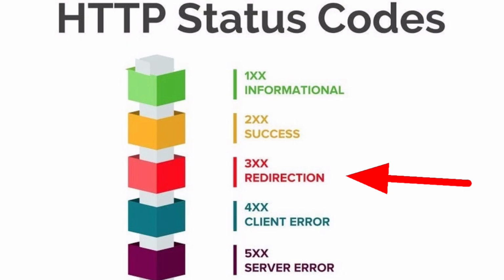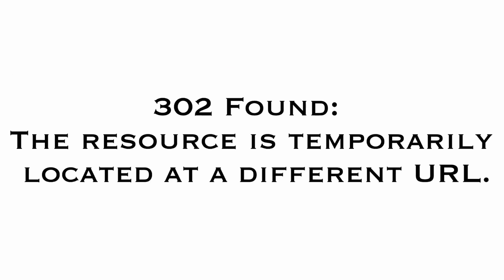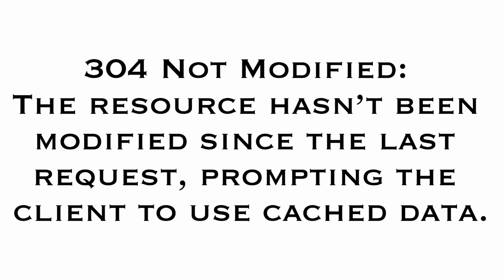These codes suggest that the client needs to take additional actions to complete the request. 301 Moved Permanently, the requested resource has been moved to a new URL permanently. 302 Found, the resource is temporarily located at a different URL. 304 Not Modified, the resource hasn't been modified since the last request, prompting the client to use cached data.